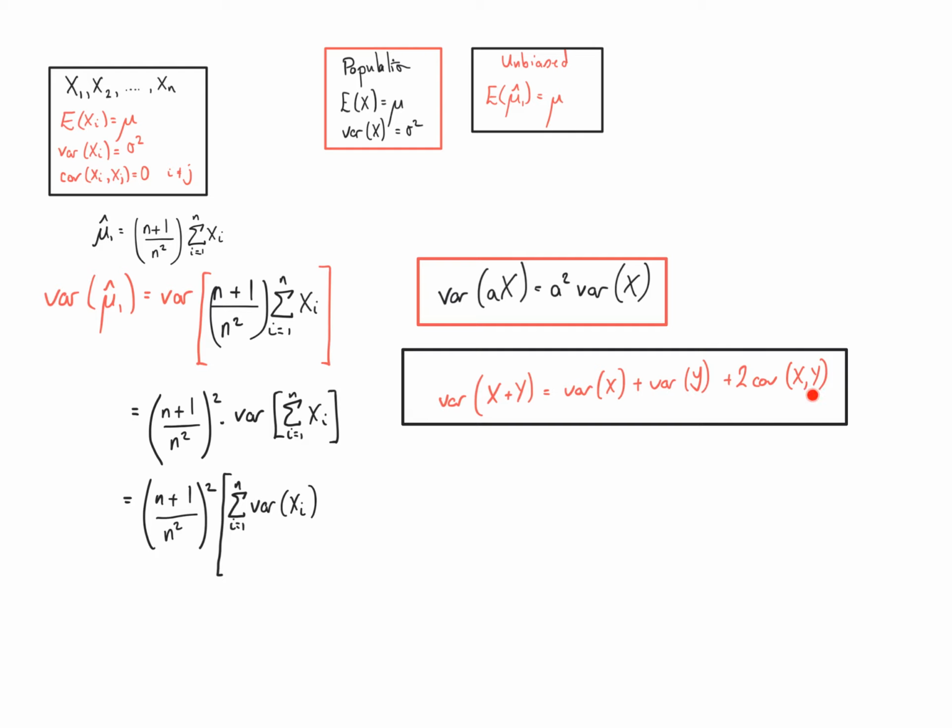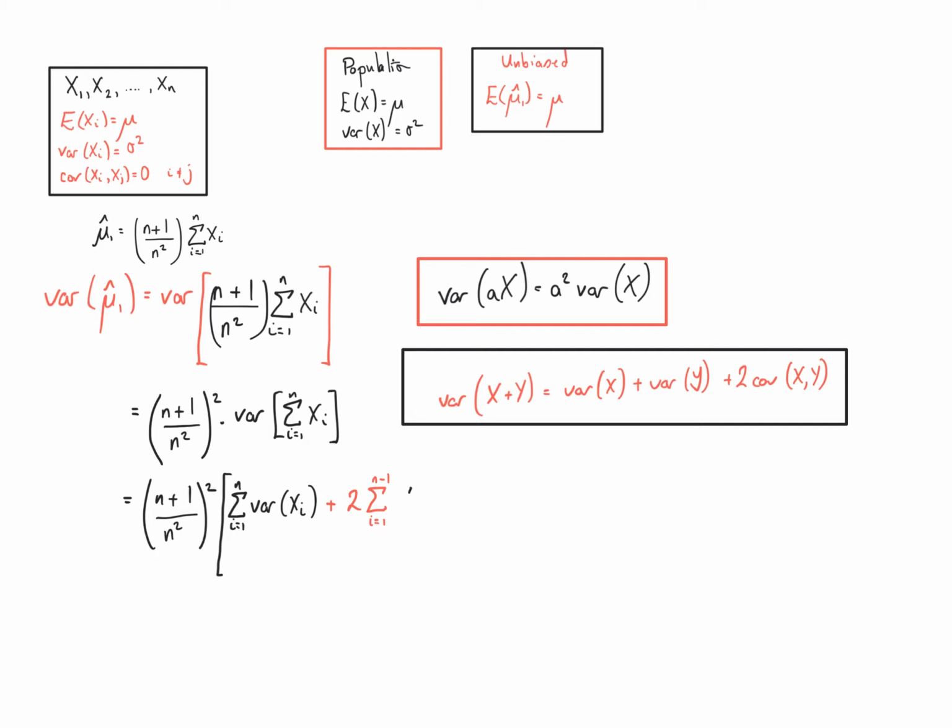Plus, because we've got all the covariance terms, we need to take account of all of the cross product terms. So the covariance of x1 with x2, x1 with x3, x1 with x4, x2 with x3, and so on. And we can write all of those covariance terms as being equivalent to the sum from i equals 1 to n minus 1.